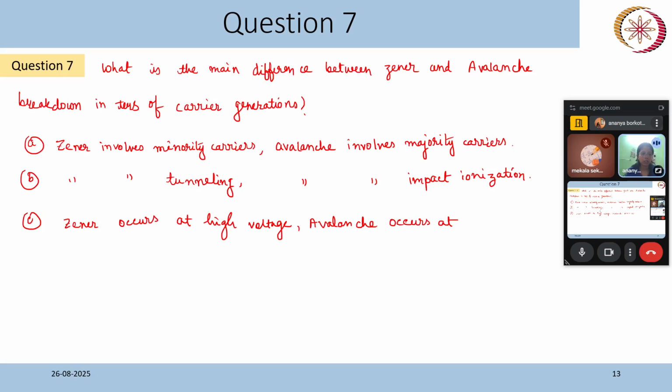If the barrier height is very high, then the probability of finding the electron outside the barrier will be almost negligible. So the tunneling will depend on that material aspect, and avalanche depends on the electric field. So which phenomenon will occur first depends on the material as well. That's right. Low voltage.